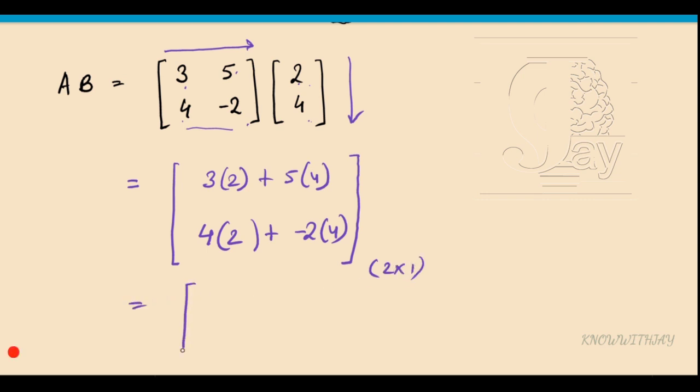So you should get 6 plus 20, 26, and here we have 8 minus 8, so the second element is 0, so that's 26, 0.